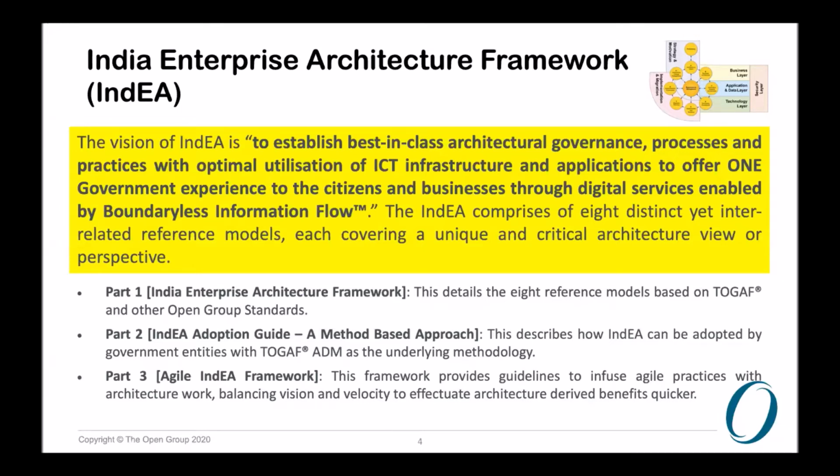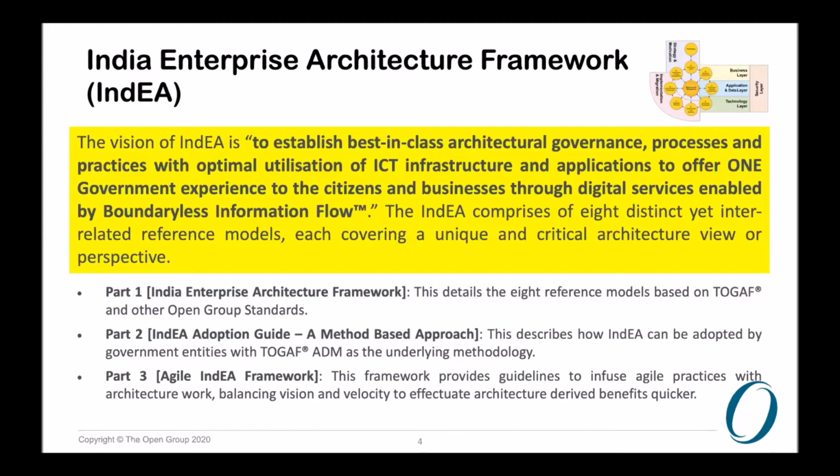And I think this is the kind of question that all of you may face when you go back to the senior leadership of a government organization. They may say, yes, I do understand the value of architecture, but can we do something fast so that we can derive the benefits quicker?